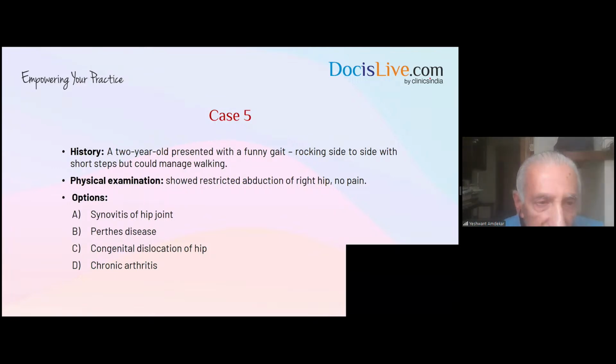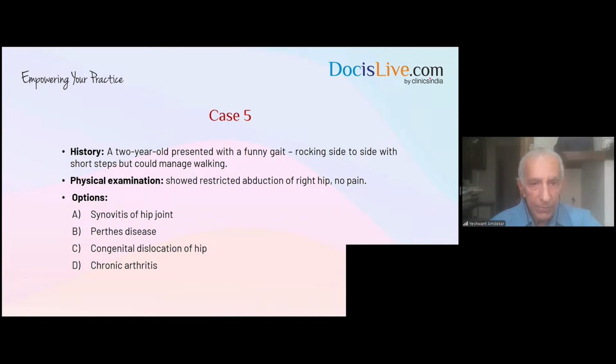Now, the next is again a small child who presented with a funny gait. He's rocking side to side with shorter steps and could manage walking but with difficulty. And he showed a restricted abduction of the right hip.